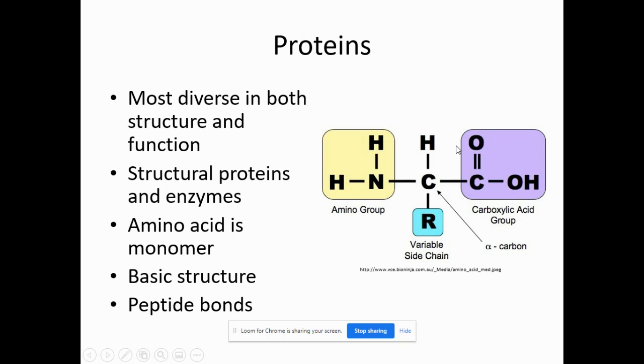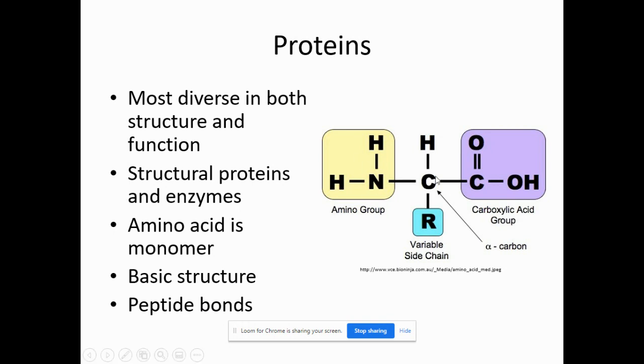So what's different? This blue R that you see here signifies the side chains or the R groups. Each amino acid has a different R group that makes it a unique amino acid. So how are amino acids bonded together to make proteins? They have a special type of bond called peptide bonds. Those are covalent bonds between different amino acids. And what are peptide bonds?